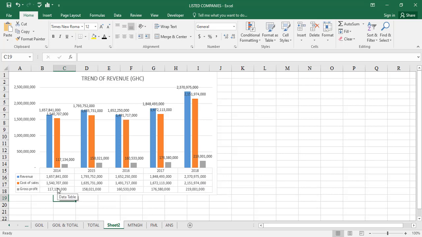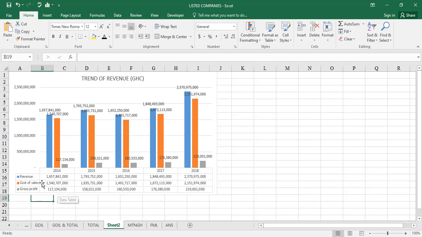Now, looking at the gross profit, which is the amount that the company has left, of which they must charge their indirect expenses, that is selling and distribution and administrative expenses. They must also charge their finance costs and their taxes on this amount.